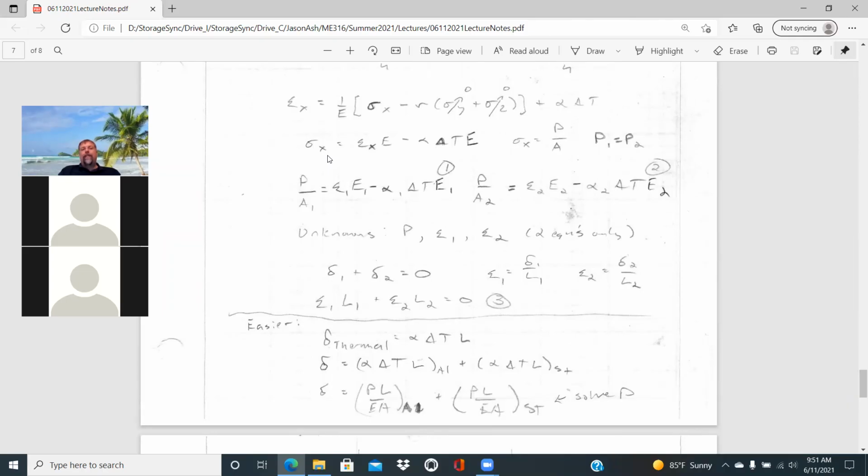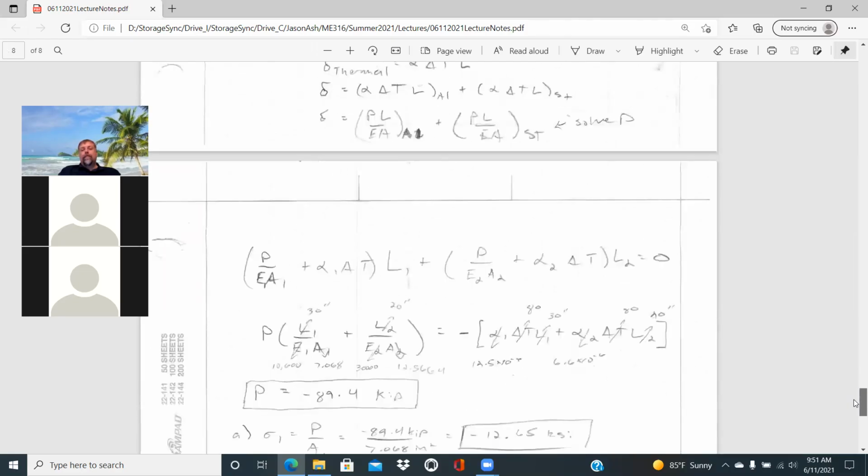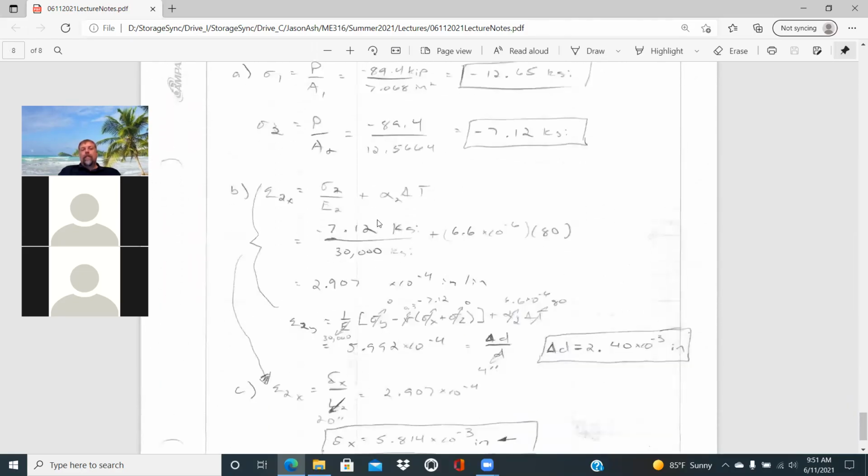So sigma x plus alpha delta T times E, divide through by E, is sigma x over E plus alpha delta T. So that's where that came from. And so we have minus 7.12 for the steel divided by its Young's modulus plus the alpha value that was given times the delta T, which will give us the strain 2: 9 times 10 to the minus 4th inch per inch.